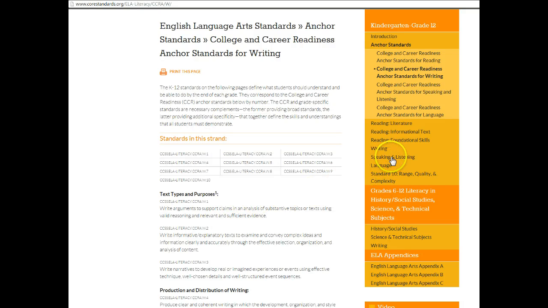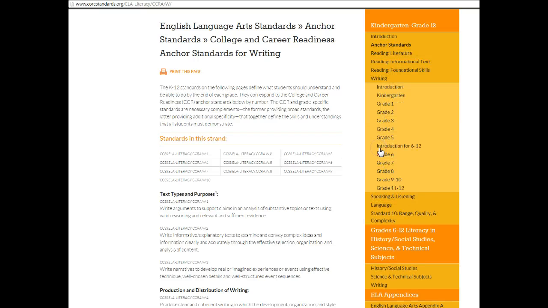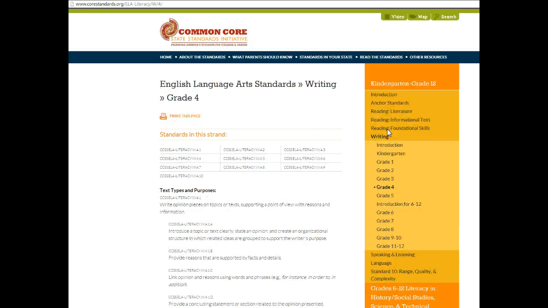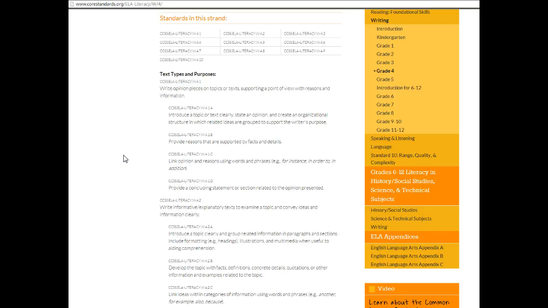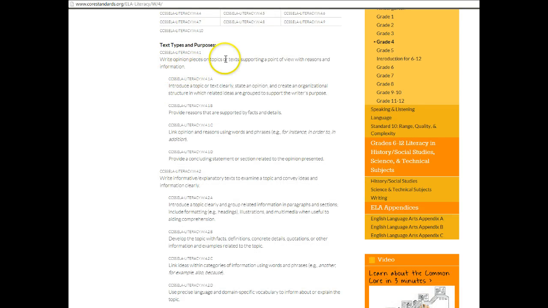When you go to the writing standards, notice that again, the different grade levels pop up. And let's just take a brief look again at the 4th grade. And here are the text types. Again, they are broken down into greater detail now, because here are the opinion pieces, which are argumentative in nature. And then here there are substandards.